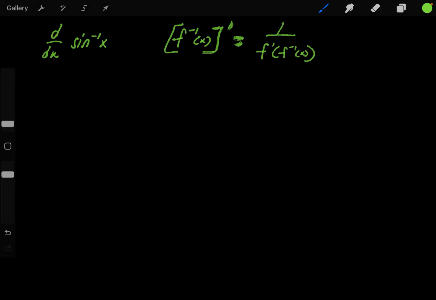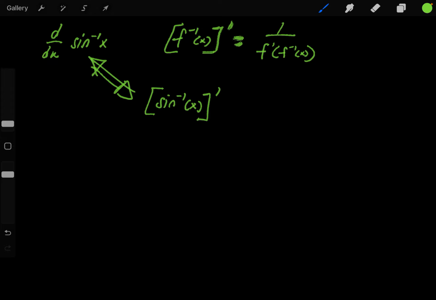So I'm looking for, in this case, what's taking the role of f inverse is sine inverse of x. So I'm going to write sine inverse of x. And these two things mean the same thing, the exact same thing.